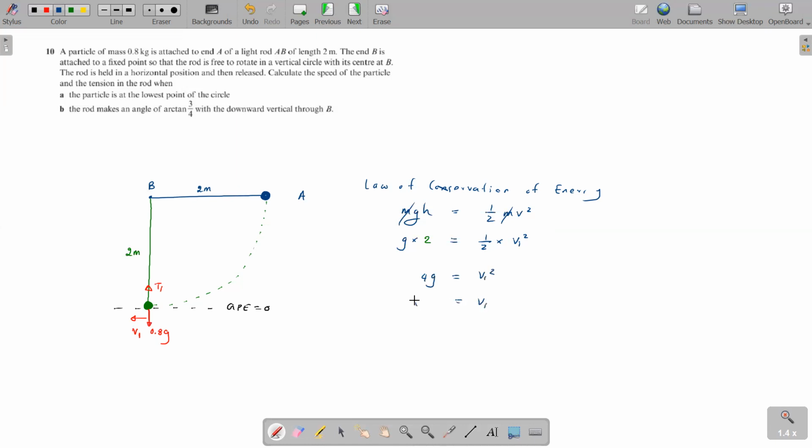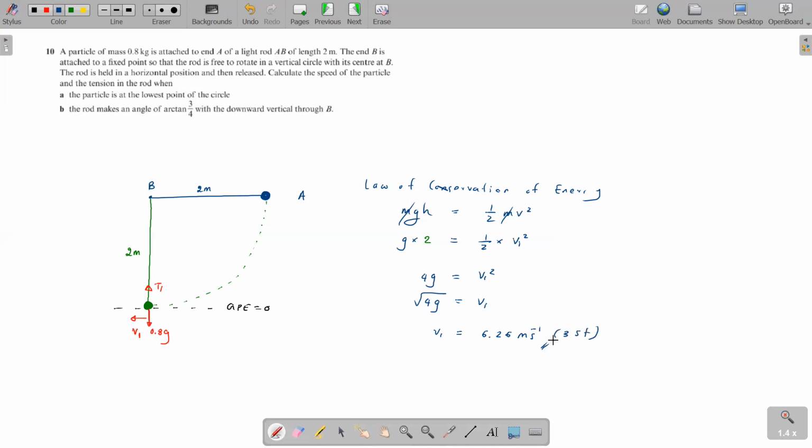So V1 is root 4G. Can you see? So V1 is root 4G, right? How much is it? Root 4G is 6.26099, so to 3 SF, 6.26 meters per second.